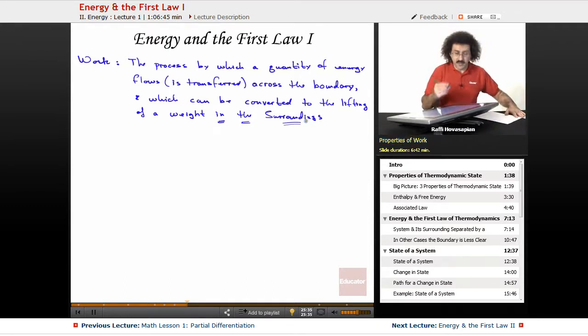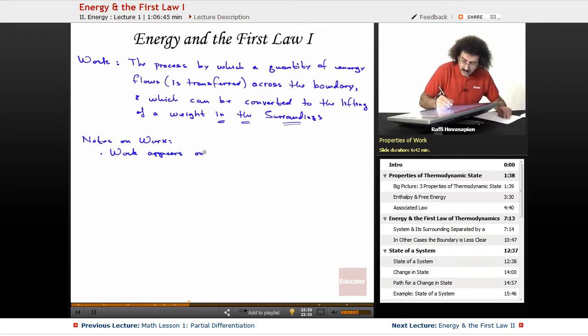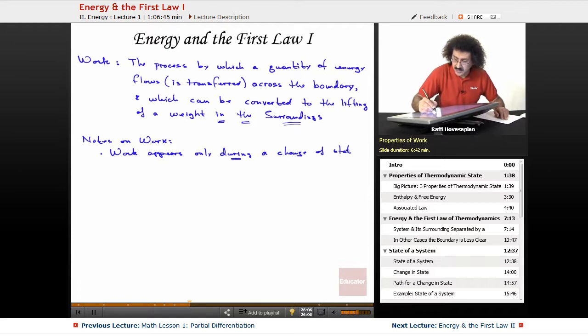Okay, some notes on work. Things to definitely keep in mind. Number 1: work appears only during a change of state.